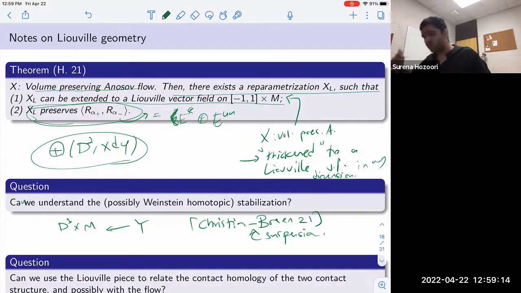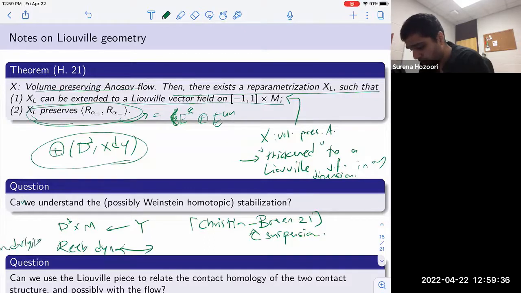Another very general direction to go is to understand the relation between these two contact structures and the flow itself. For instance, can we understand the Reeb dynamics, the relation between the underlying Reeb dynamics and the flow itself?